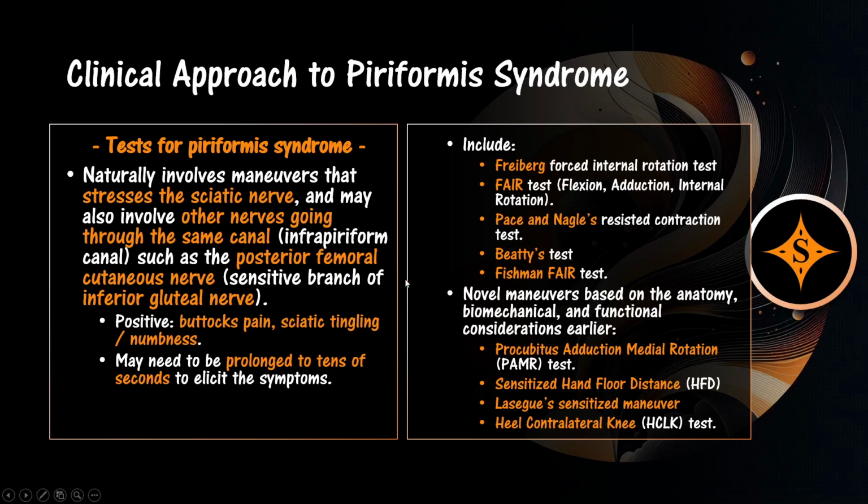So the piriformis muscle is stretched by the PAMR test, but then this test not only stretches the piriformis muscle, it also stretches the other muscles. So they are dividing the load. So it takes longer to cause pain to the piriformis muscle because the load is divided across different muscles instead of just mostly on the piriformis muscle.